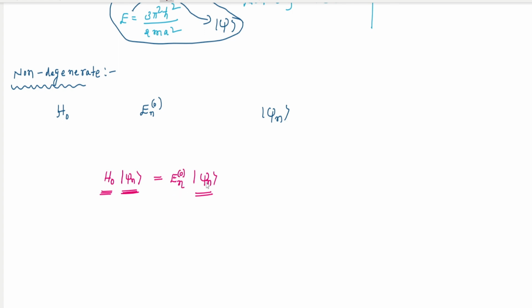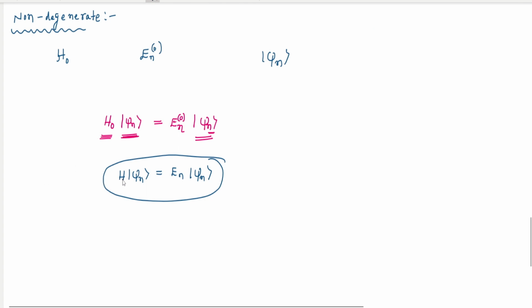This n represents the nth state of the system, and the naught represents the non-degenerate eigenvalue. In general, the Hamiltonian H applied on this wave function gives En times the wave function. This is the general equation.